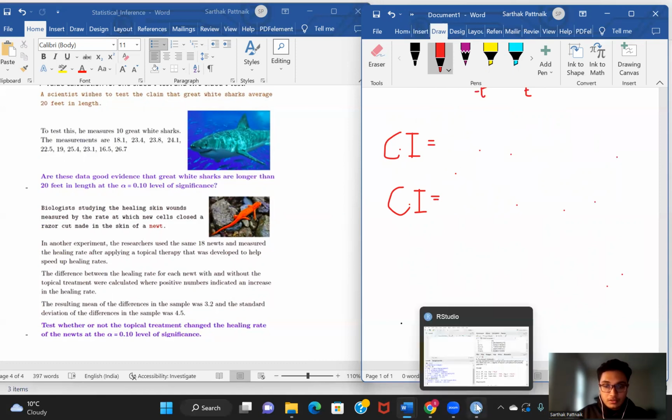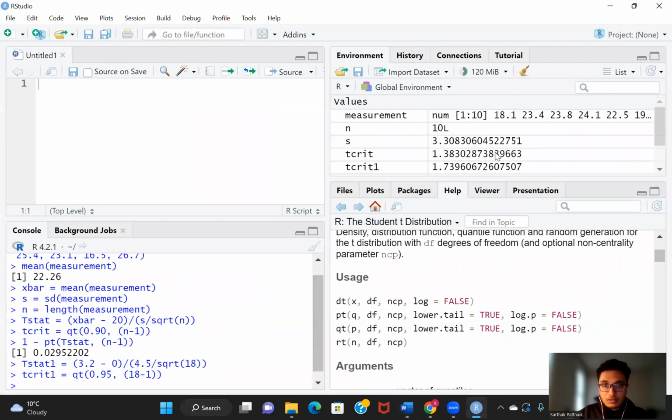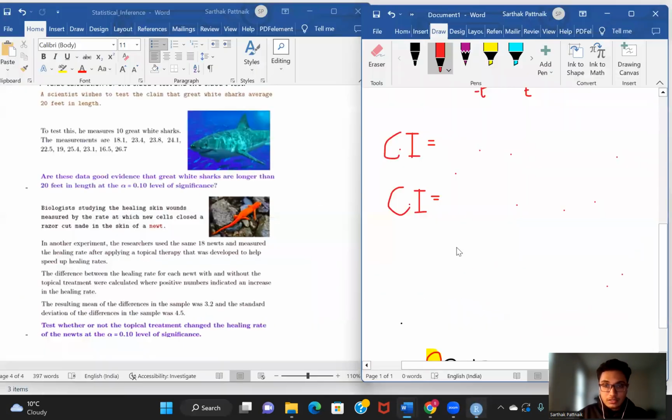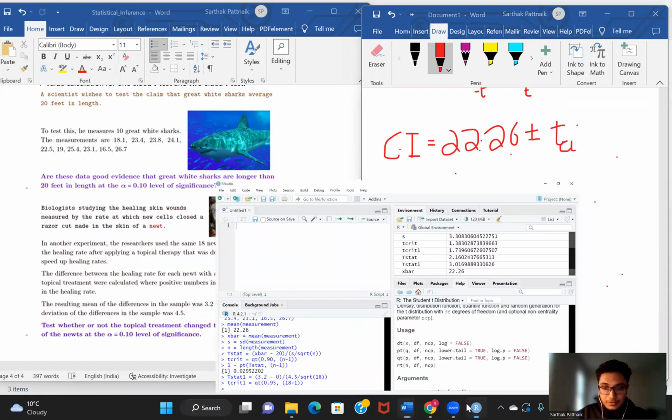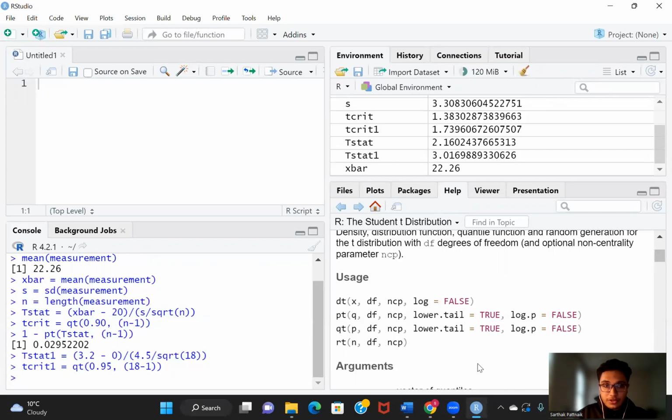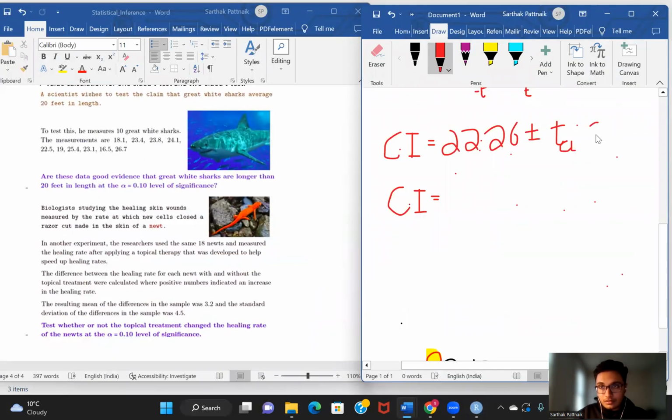Now for the first one, my X bar was 22.26, plus and minus my critical T value into what is my standard deviation, 3.3083, divided by square root of 10.